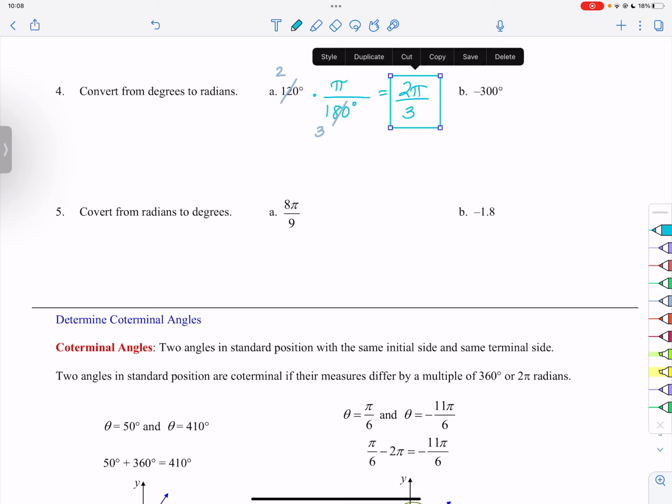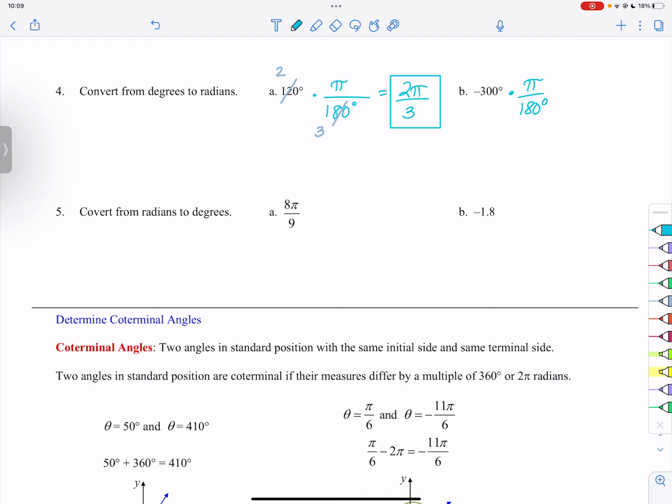Okay, so now how about negative 300 degrees? We're going to use that same factor, pi divided by 180 degrees, because we want these degrees to cancel so that we're left with radians.